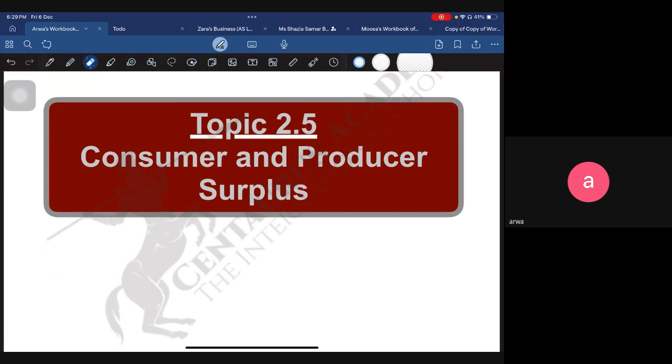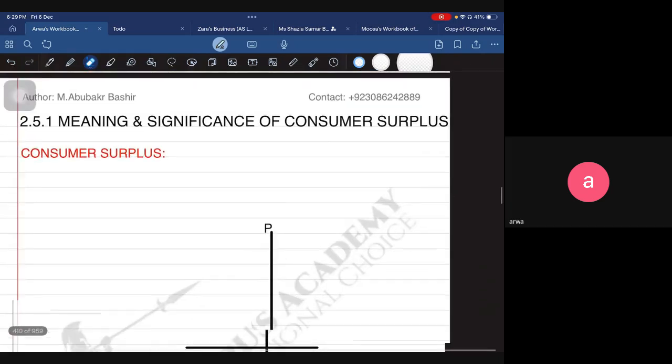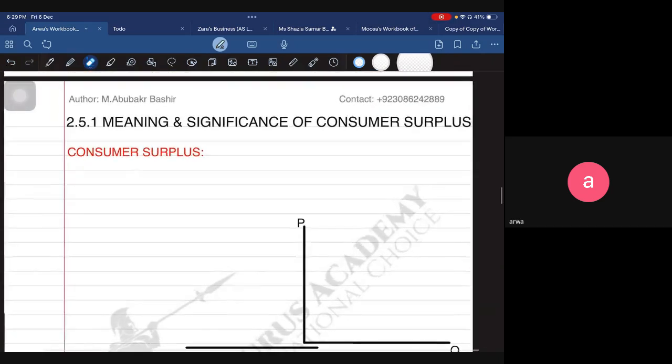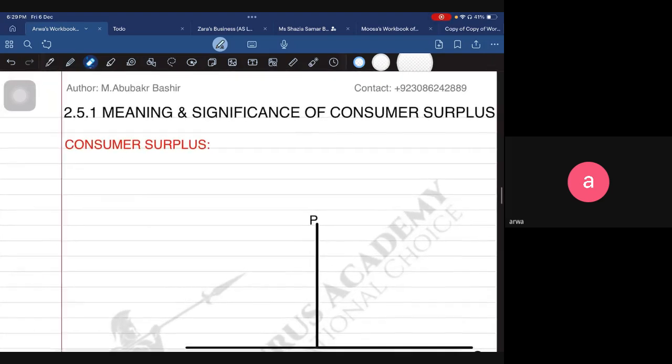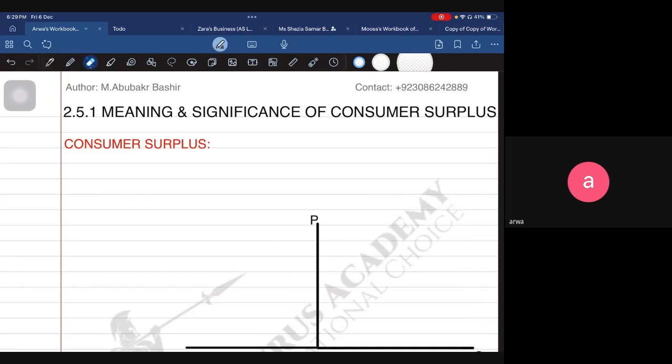Okay, this is the topic. First off, what is a consumer surplus?